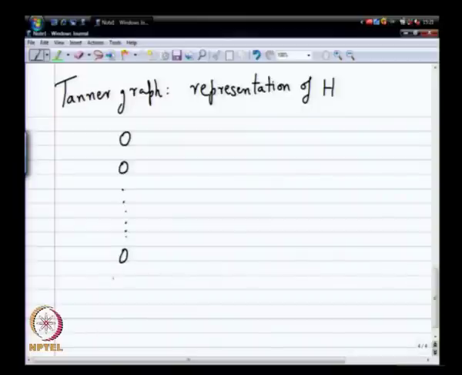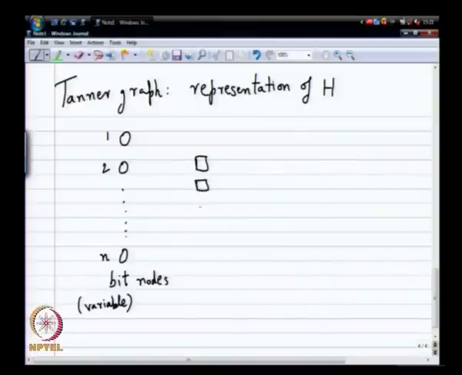On the left, the nodes are called bit nodes. These are also sometimes called variable nodes, but we will use bit nodes almost exclusively. You can number them if you like from 1 to n, there will be n of them, and on the right side you have nodes that are called check nodes.